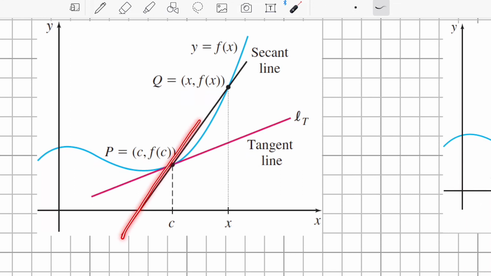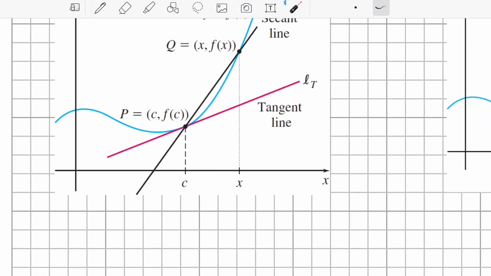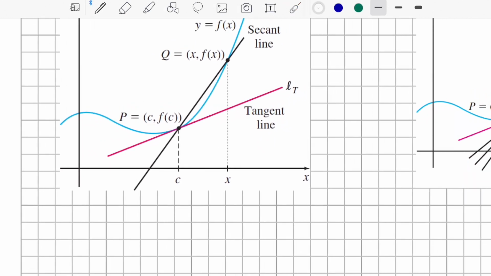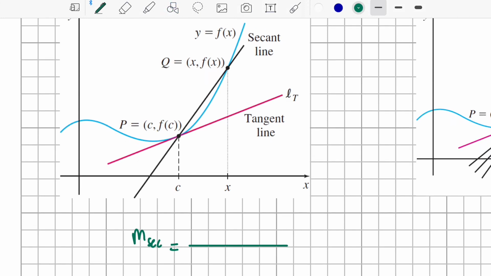A secant line intersects the graph at 2 points. So to find the slope of that secant line, we're going to use the slope formula. So m for slope, secant, and to find the slope, it's the change in y's. In this situation, we're looking at points Q and P. The change in y's is f of x minus f of c, divided by the change in x's, x minus c.